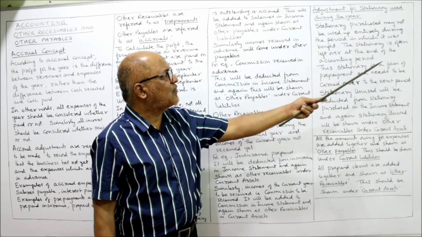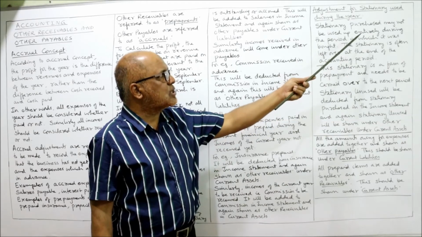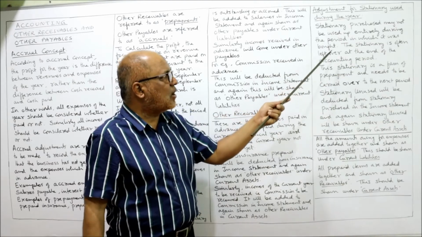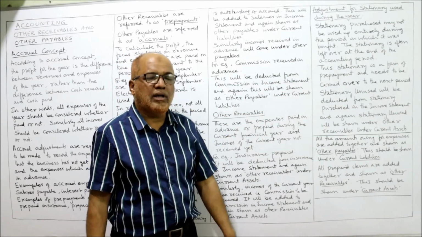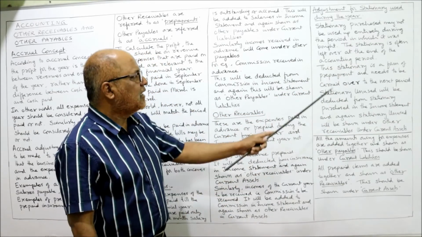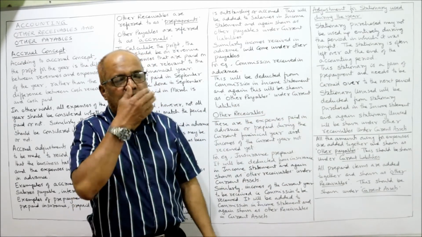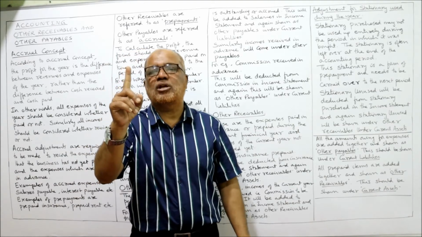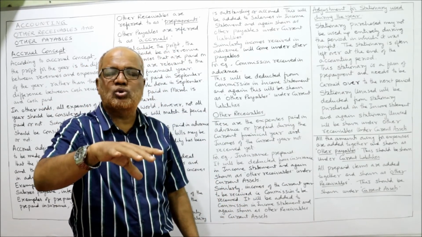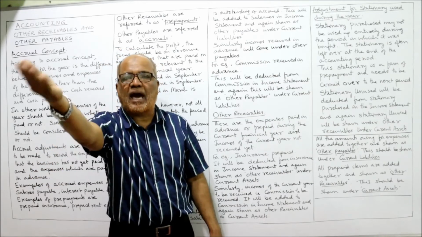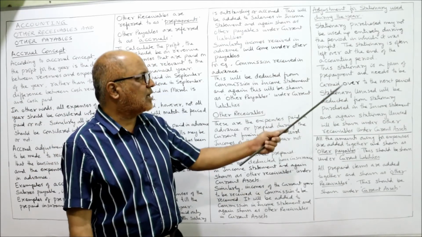Stationery purchased may not be used up entirely during the period in which it is bought. The stationery is often left over at the end of the accounting period. This stationery is a form of prepayment and needs to be carried over to the next year. Out of 1 lakh rupees stationery purchased, 80,000 is used, 20,000 unused. This 20,000 stationery will be carried over to the next year.